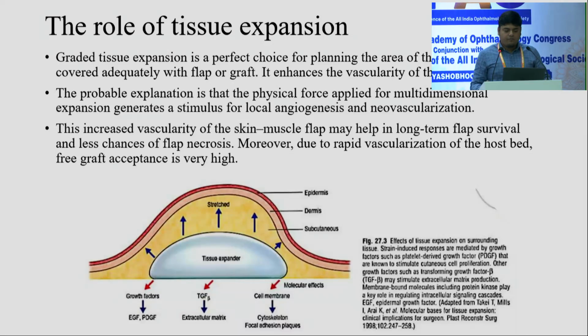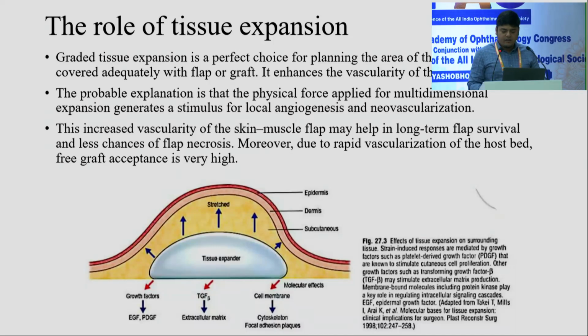Now the role of tissue expansion, how does it work? The explanation is that the physical force when applied causes a multidimensional expansion, and this generates a stimulus for local angiogenesis and neovascularization.